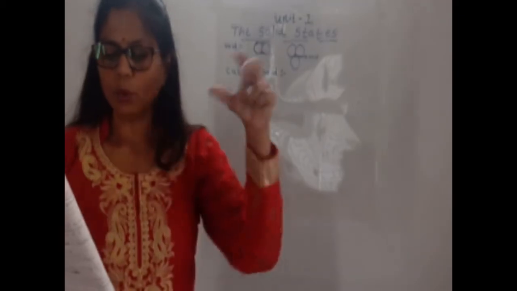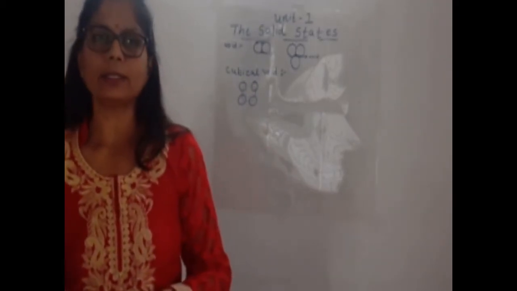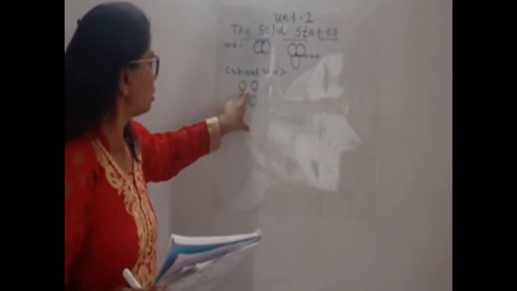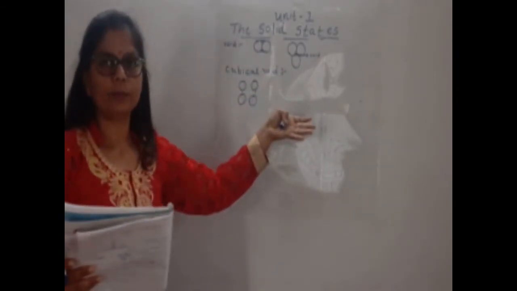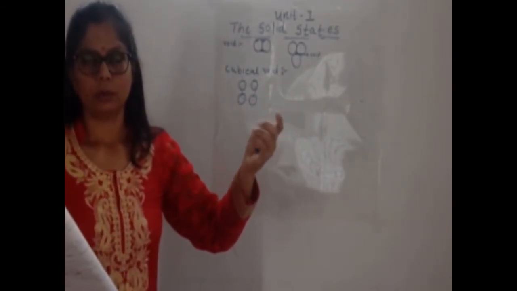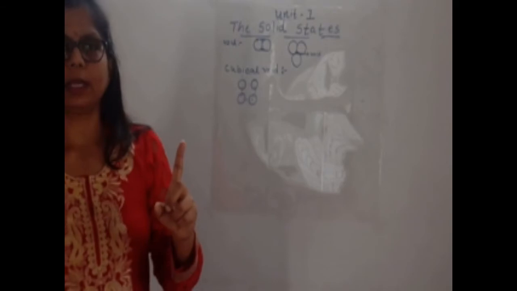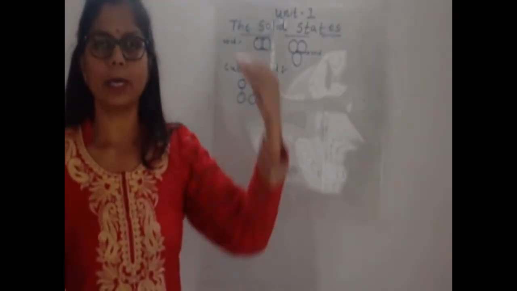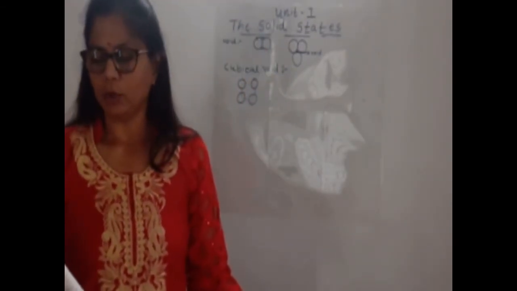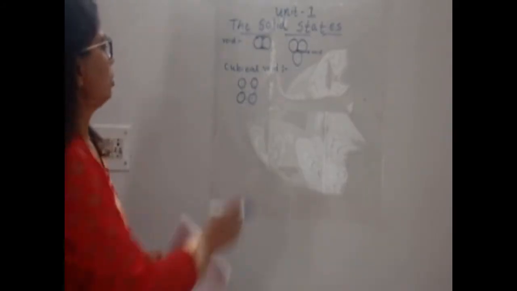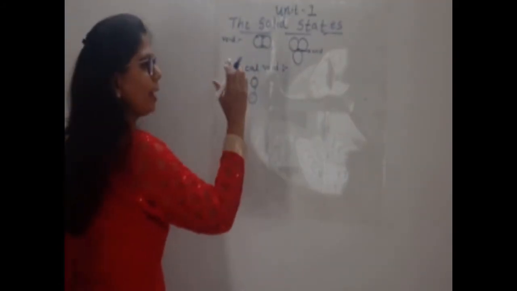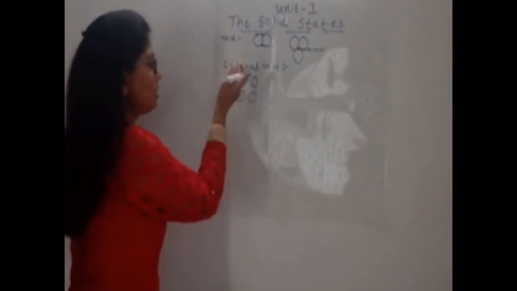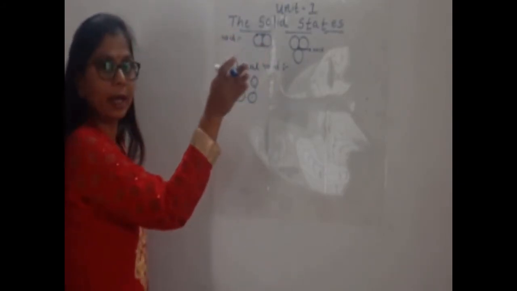So one more sphere can be organized on the top also and at the bottom also. So these 4 you are able to see in the same way, and another 4 are at the back side.